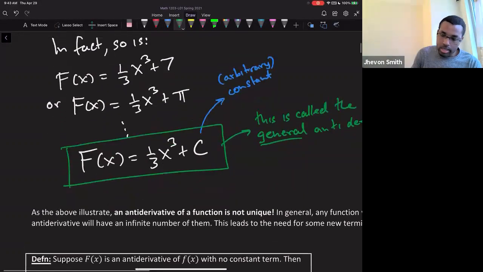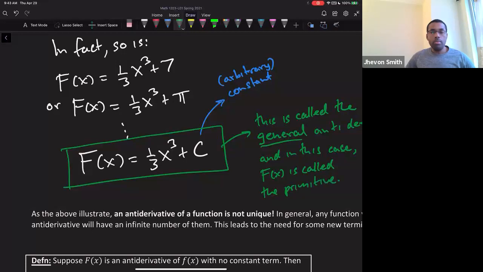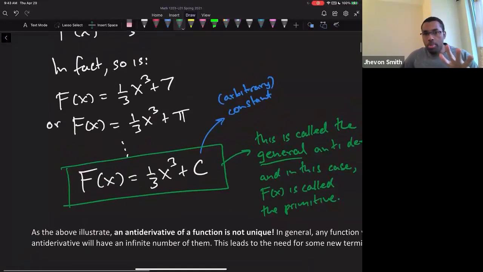And in this case, big F is called the primitive. So that's just the primitive thing you started off with, and then you just add a C, and now it's generalized.